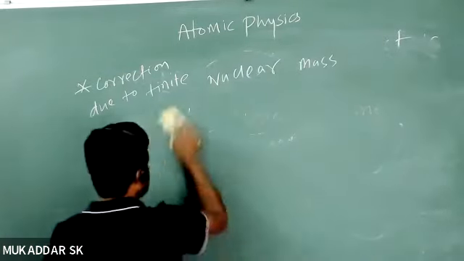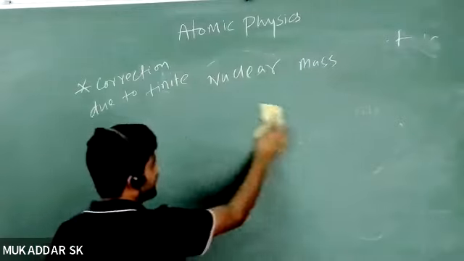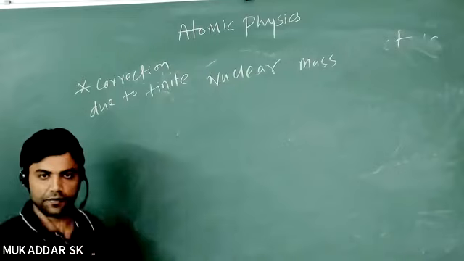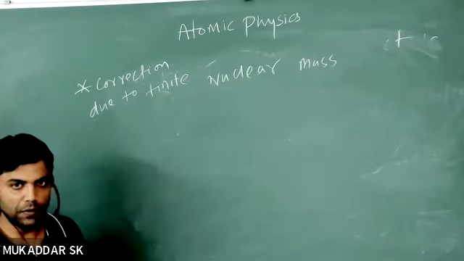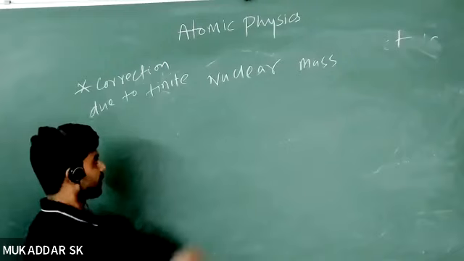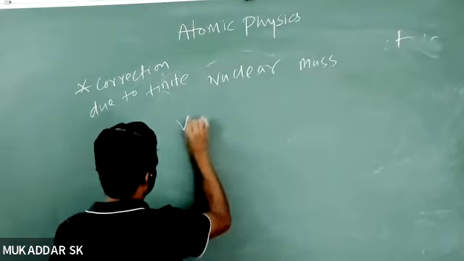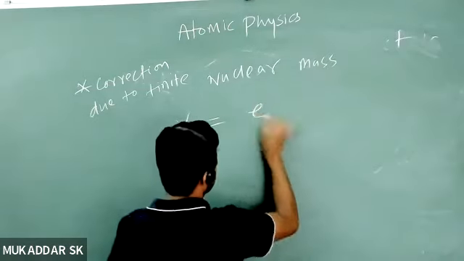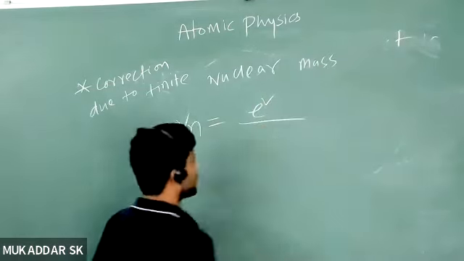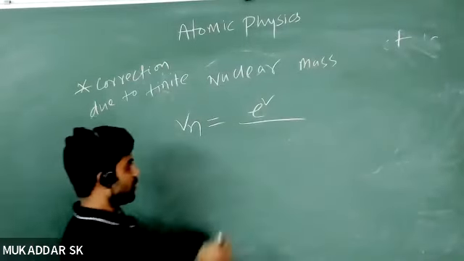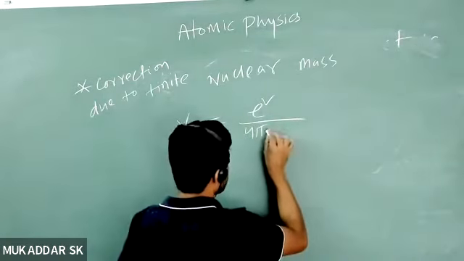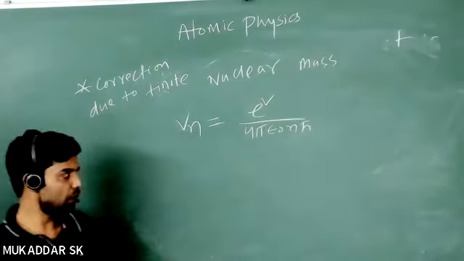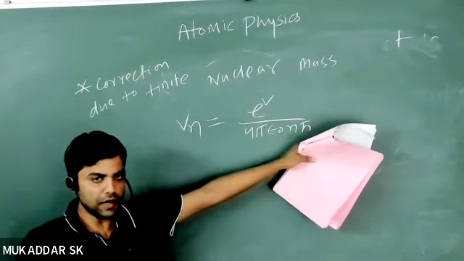Now similarly we'll check the speed expression. We'll insert this mu in the speed expression also. Now we'll see the effect of mu on speed. Let us check. If you remember the expression for the speed of the nth orbit of the electron in hydrogen atom, it was nothing but e square, where e is the electronic charge, divided by 4 pi epsilon naught n h cut, where n is the principal quantum number and h cut is the reduced Planck constant.